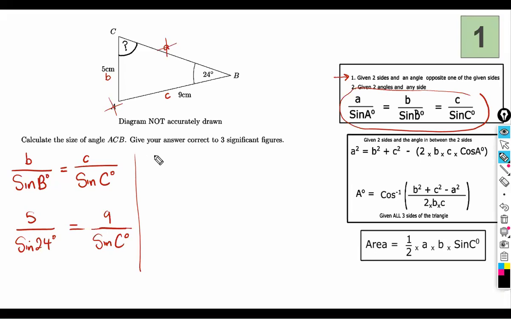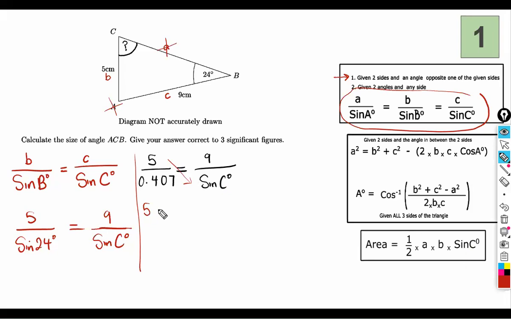Before we cross multiply, we should find what first? Sine 24. Sine 24 to 3 decimal places is 0.407. Let's cross multiply.